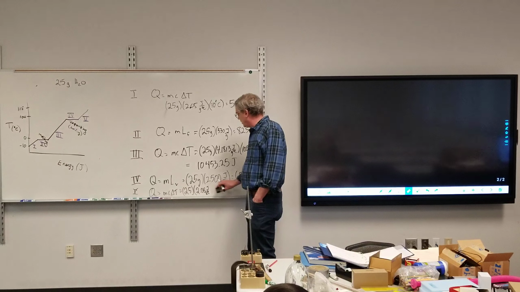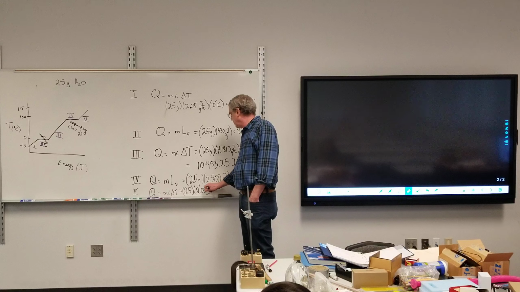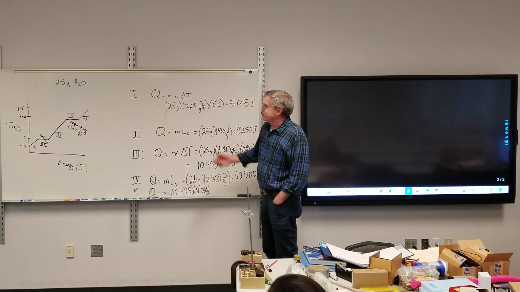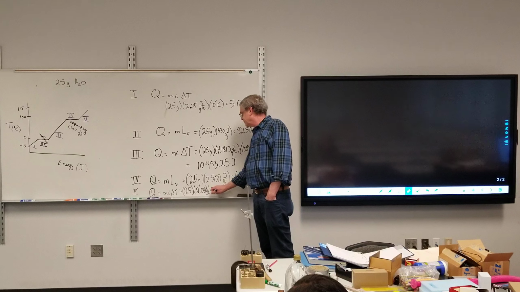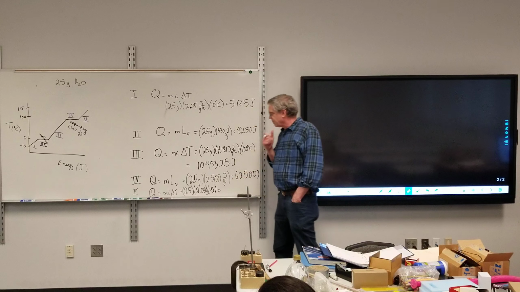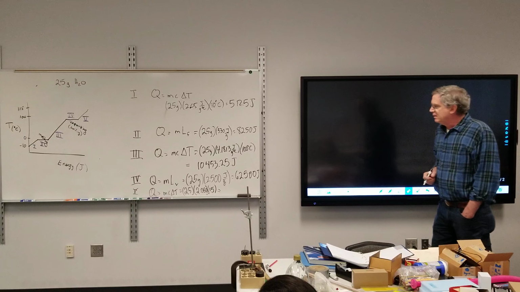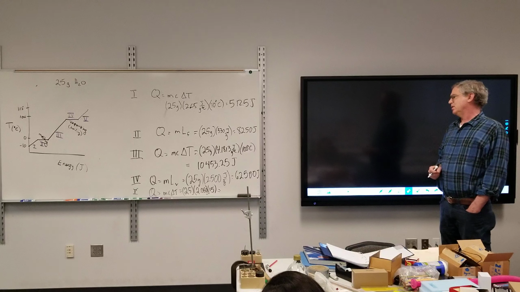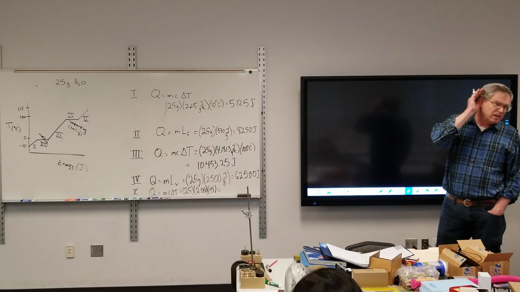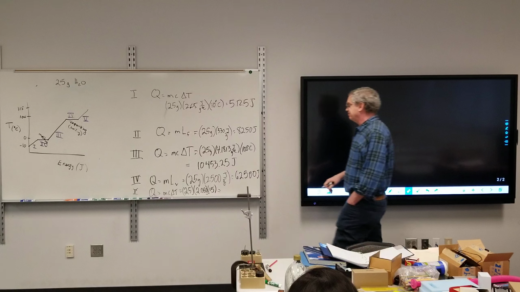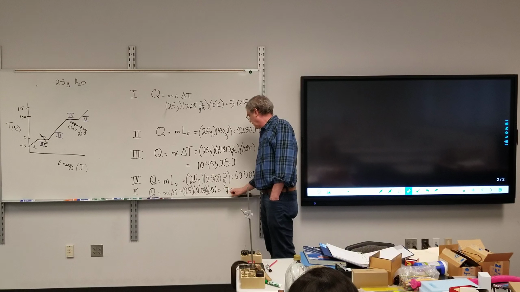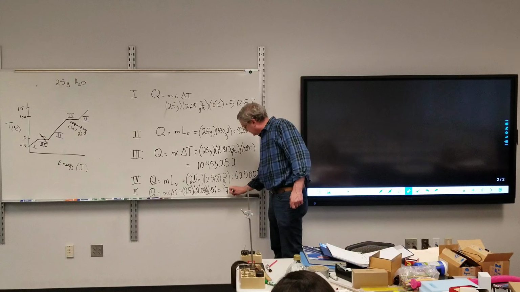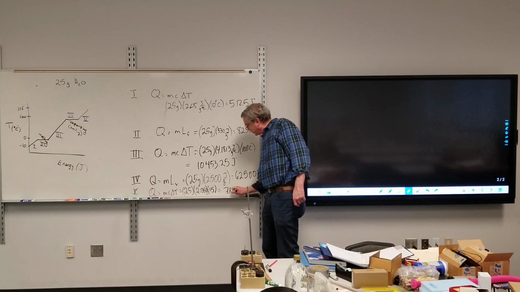I said I was going to leave units off, so let's get back to that. 2.08 times the temperature change, which is 15. So somewhere just above 750. 780. Let's see if I can draw that more standardly.